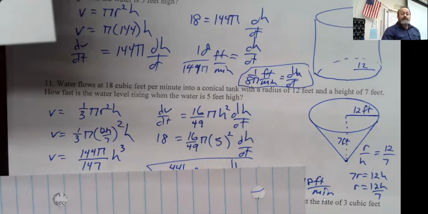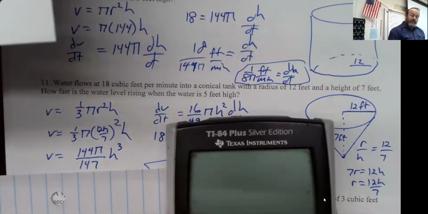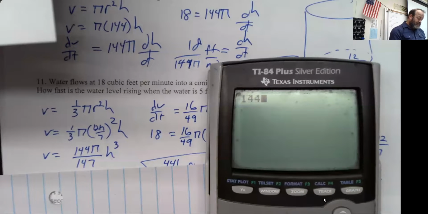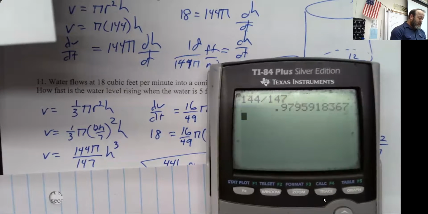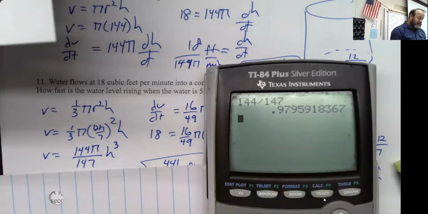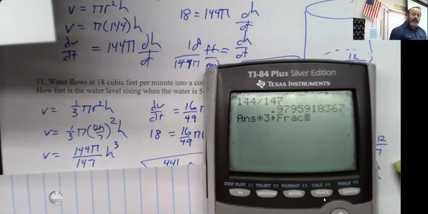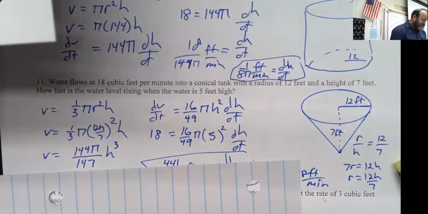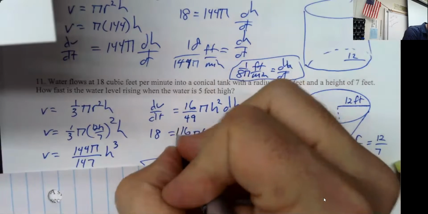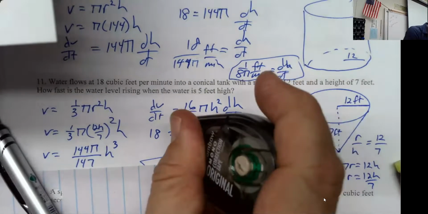And hopefully I didn't make a mistake there, but hopefully we had 144 over 147. We're going to multiply that by 3. Hopefully that does it right. I'm getting a different number, 144 over 49. Shoot, that felt wrong to me. So this is 144 over 49. Let's fix that real quick.